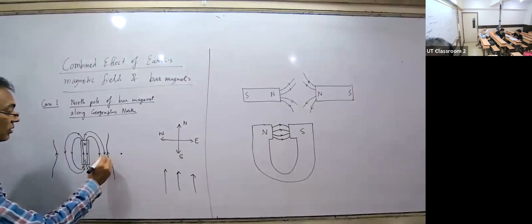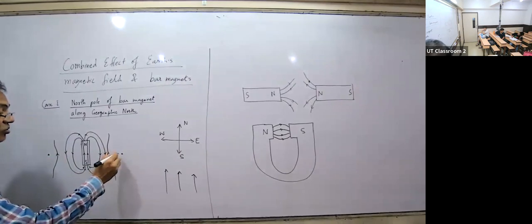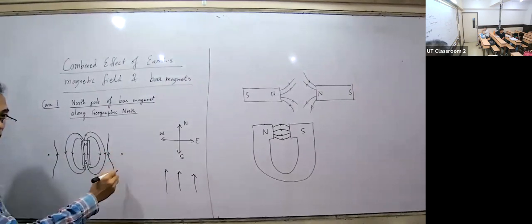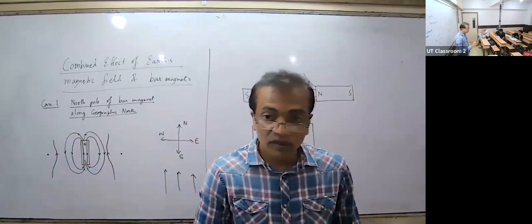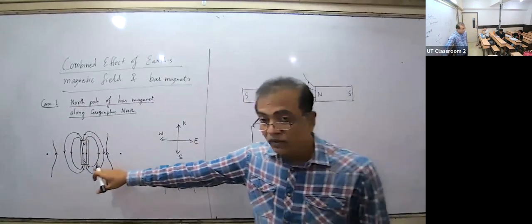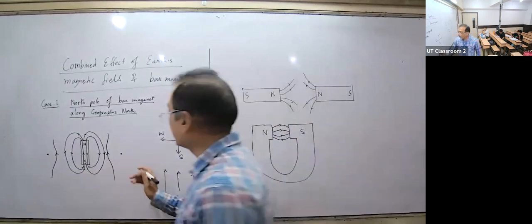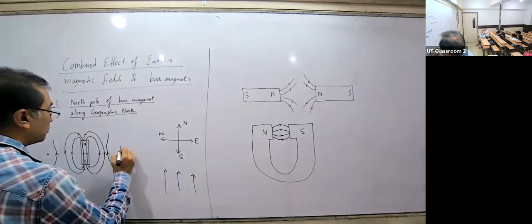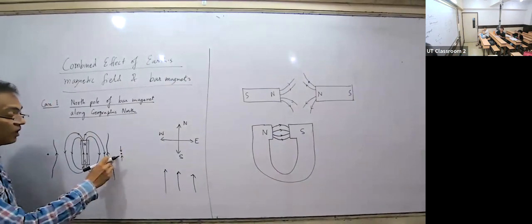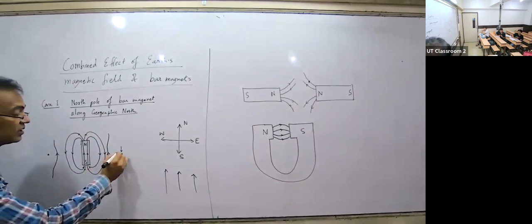So somewhere here, when you keep the compass over here, it will point in any direction because the Earth's magnetic field has been cancelled by the magnet's magnetic field. Here Earth is going upward and the magnet is coming downward, and their magnitudes are equal, just the direction is opposite. So they will cancel each other.